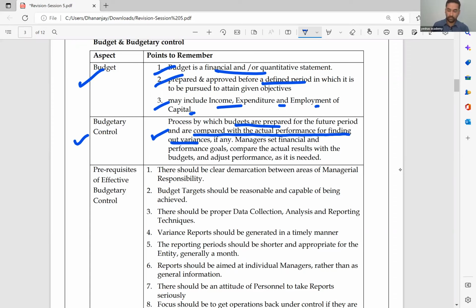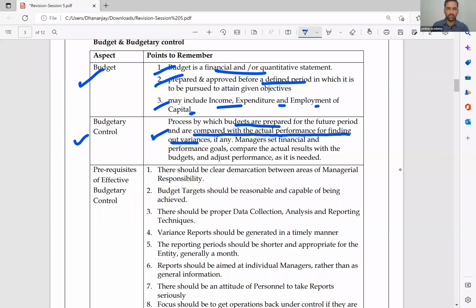Important here: budget is merely a statement of future activities. This will happen, that will happen, we should do this, we should do that, in rupee terms or in quantity terms, very easy. Budgetary control is continuously reviewing that, continuously checking that, continuously following it up.